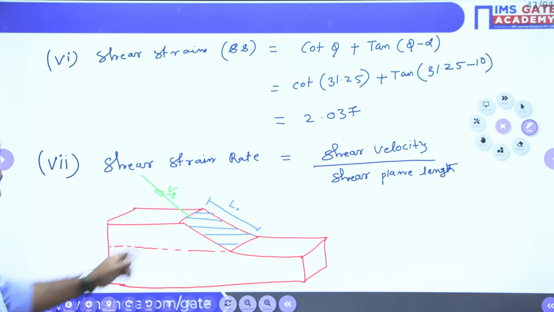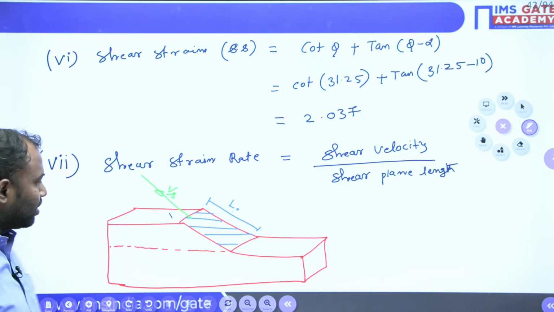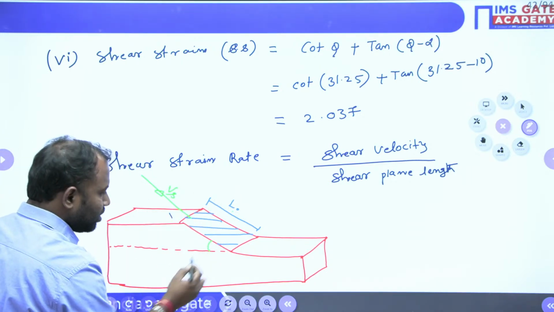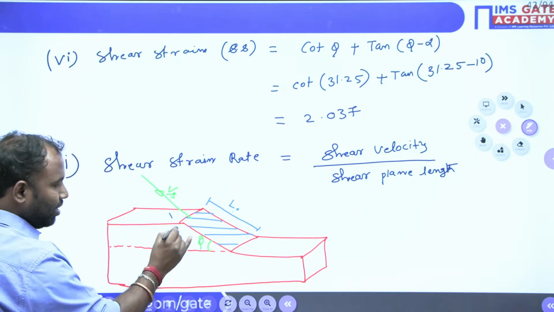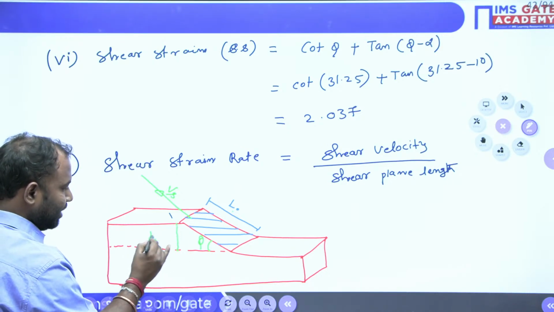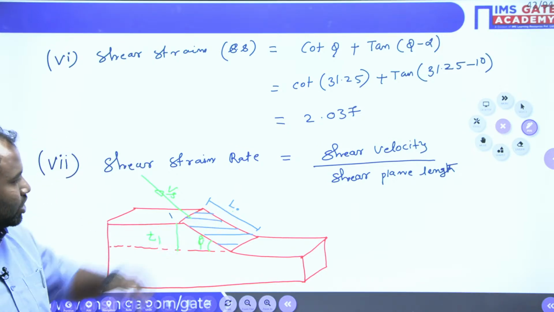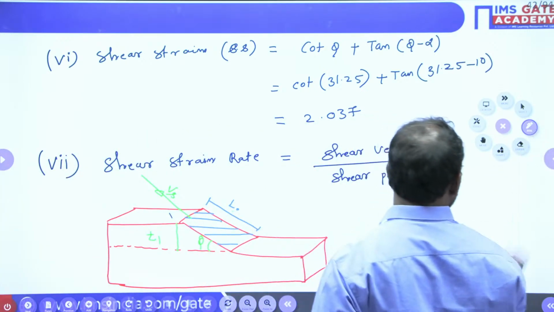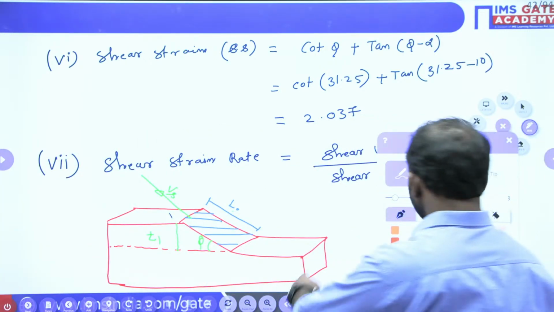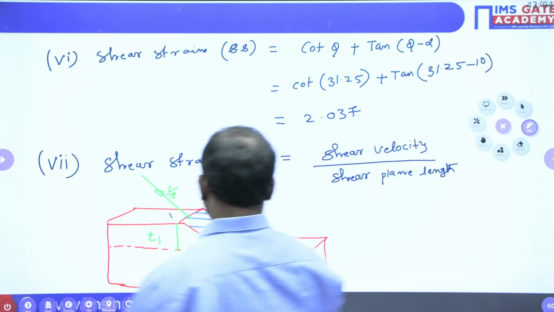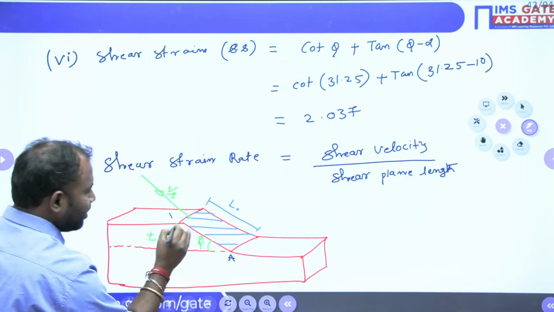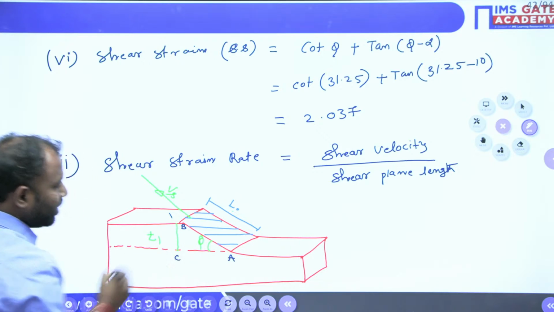Now let us calculate Vs and also L0. For calculating L0, this is phi, the shear plane angle, and this is T1. Let me draw a triangle ABC.